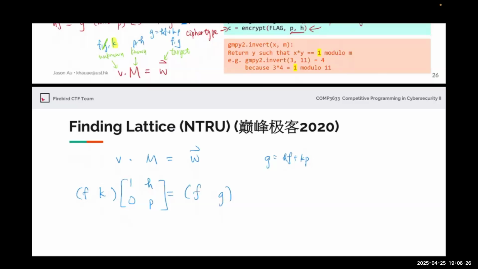So F times H is this one, and K times P is this one. But you may notice that it actually gives us F times H plus K times P.